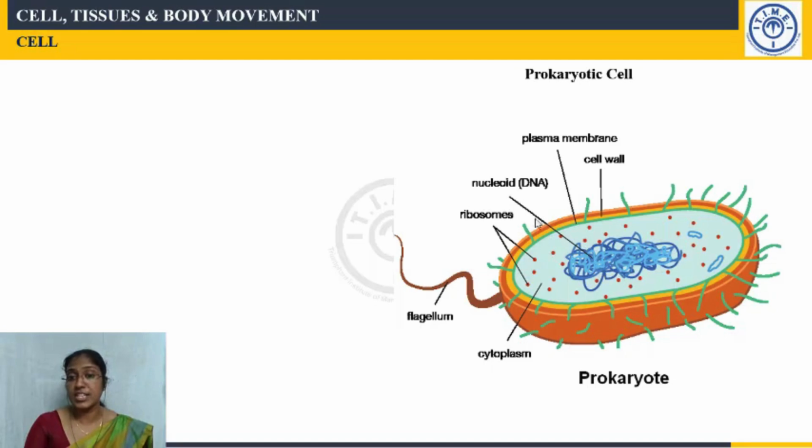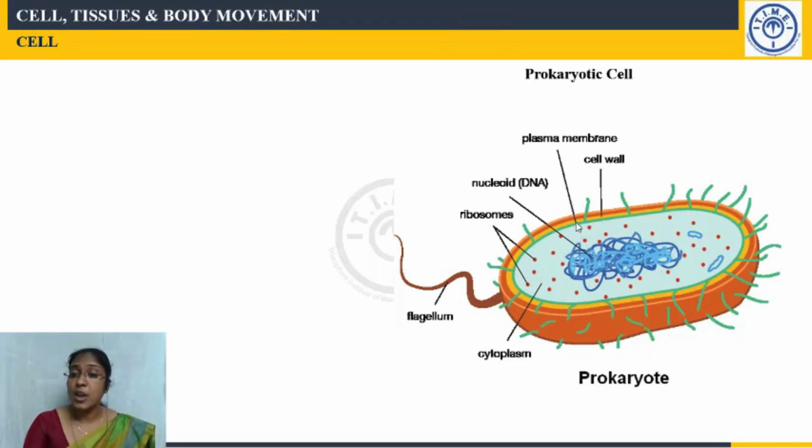That is the region where the chromosome, the genetic material, DNA in the case of bacteria, is located. This DNA is not surrounded by a nuclear membrane. It is freely suspended in the cytoplasm. So that region is known as the nucleoid. So a prokaryotic cell has a nucleoid region.